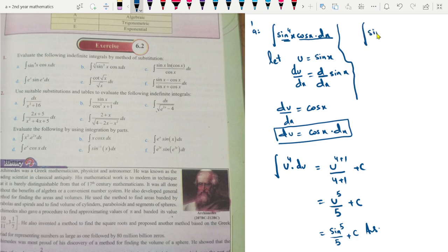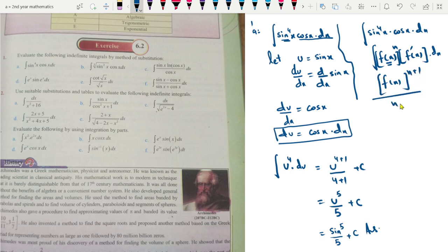If you have sine power 4 x cos of x dx, we know that if you have f of x to the power n and here you have f prime of x and dx, then the integral of this will become f of x whole power n plus 1 divided by n plus 1.